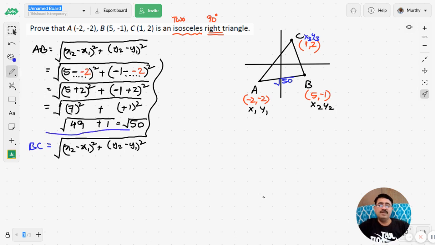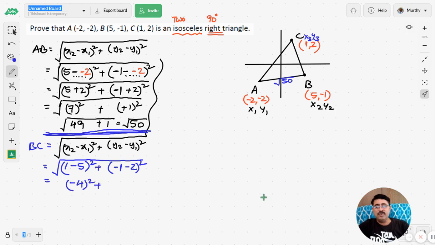Now what is the length of BC? It is 1 minus 5. You have to plug in these values. (1 minus 5) square. Y2 is negative 1, subtract 2 square under the square root. 1 minus 5, think of integers, you should get negative 4.